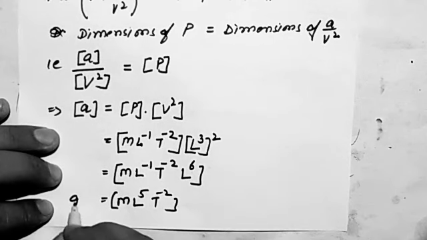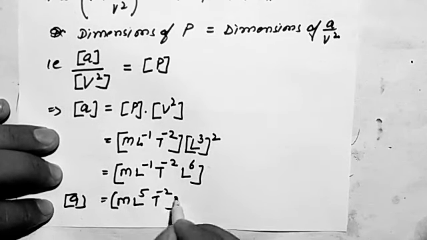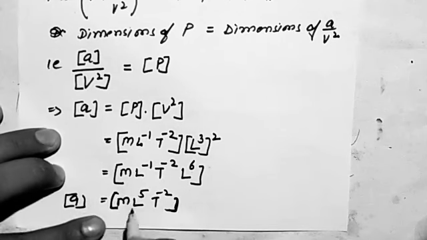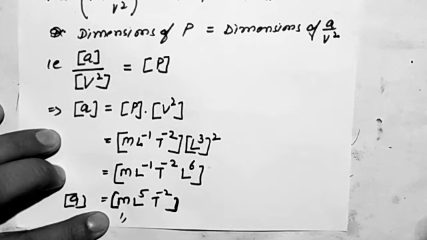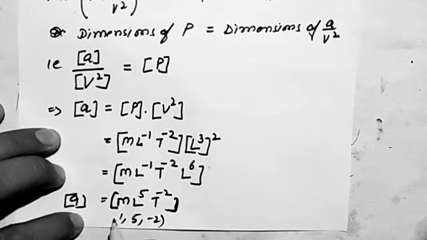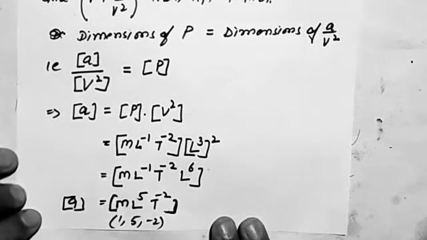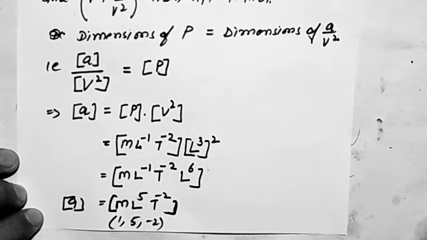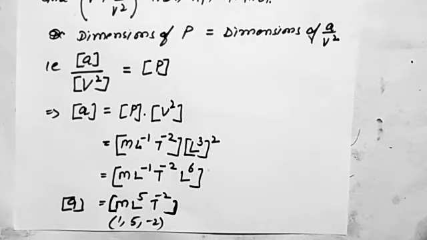So the dimensions of A are mass 1, length 5, and time −2. Hence we are able to find the dimensions of A.